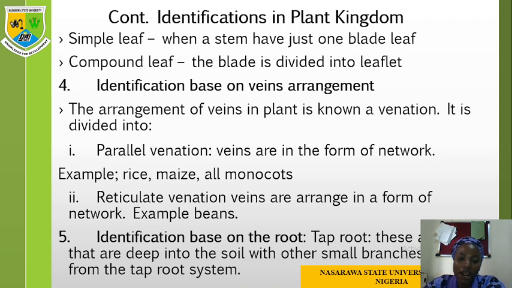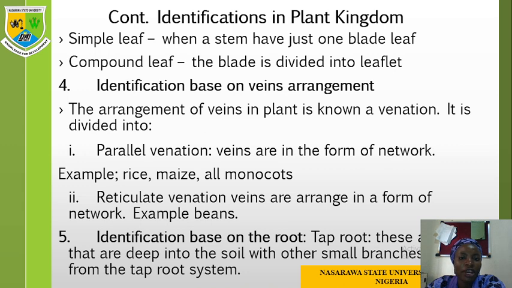It's seen in rice, maize, and virtually all monocots have this kind of vein arrangement. Then we have the reticulate venation. Here the veins are in the form of a network, mostly seen in dicot plants like beans and groundnuts.